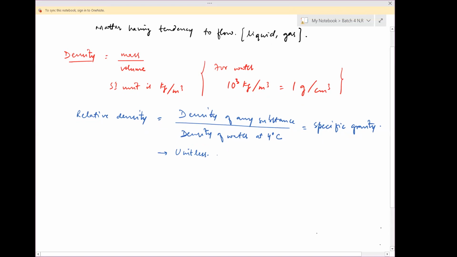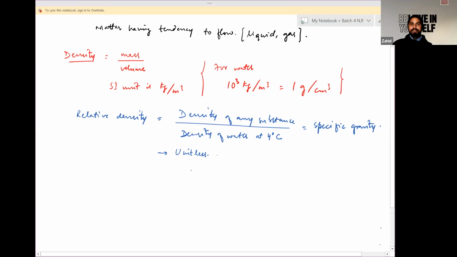Done, sir. Okay. So for this chapter, we mainly divide it into two parts. First is hydrostatics, means study of fluid at rest. And next is hydrodynamics, study of fluid in motion.